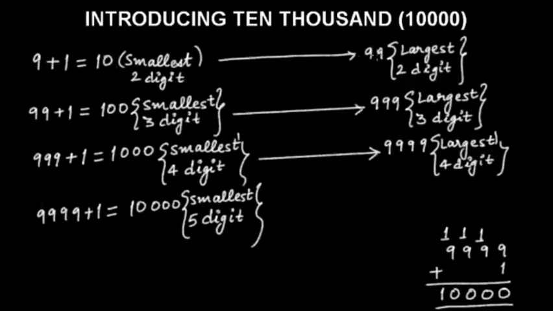When you add 1 to 99, you get 100. When you add 1 to 999, you get 1000. And when you add 1 to 9,999, you get 10,000. Okay, so maybe till now you would have seen only 4-digit numbers. Here it was a way to explain to you what's a 5-digit number, and 10,000 is the smallest 5-digit number.